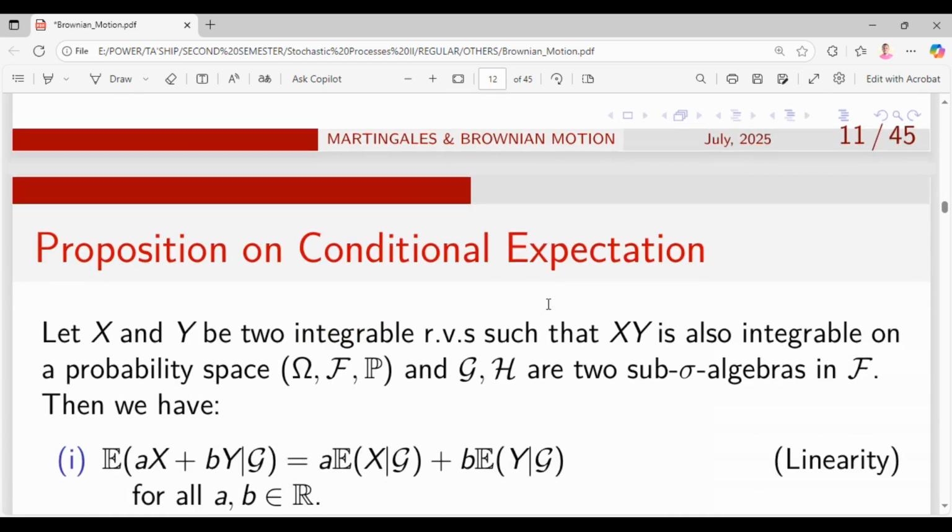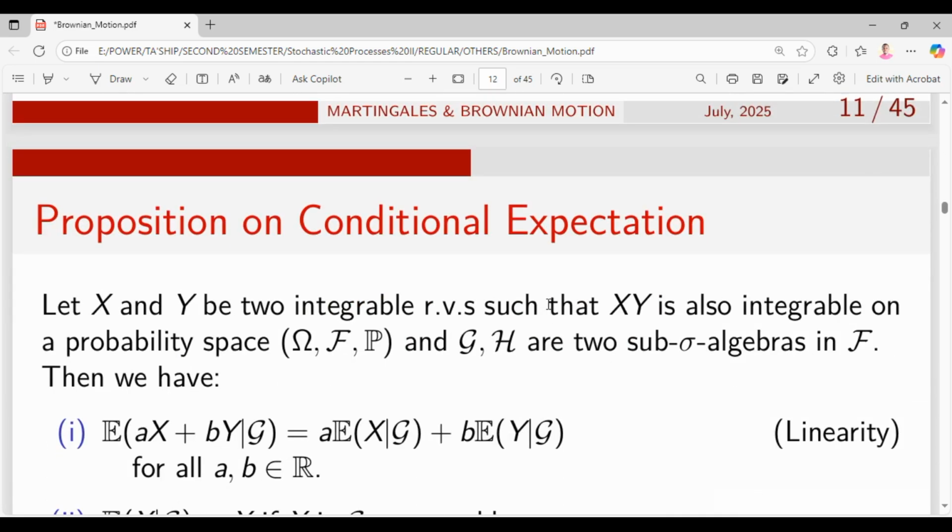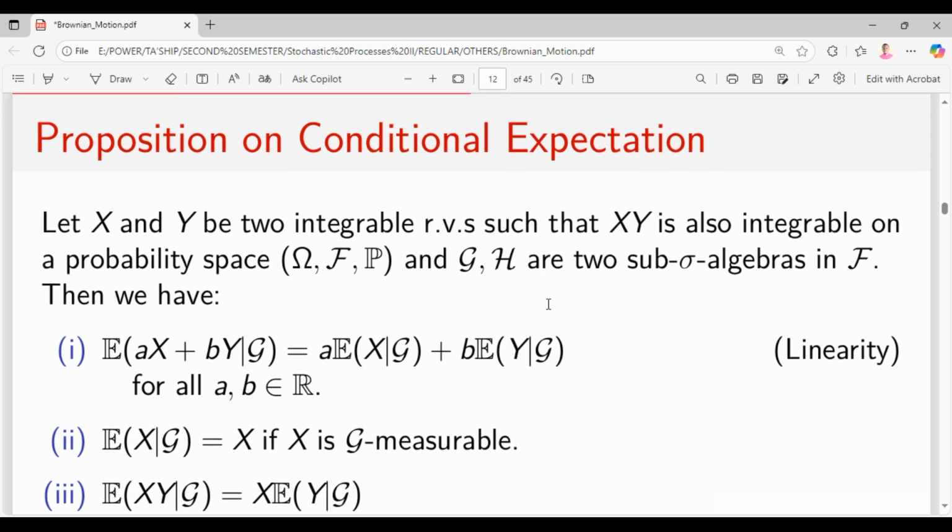Good. So let's look at some proposition on the conditional expectation. We're going to look at two integrable random variables X and Y, such that the product is also integrable on the probability space.